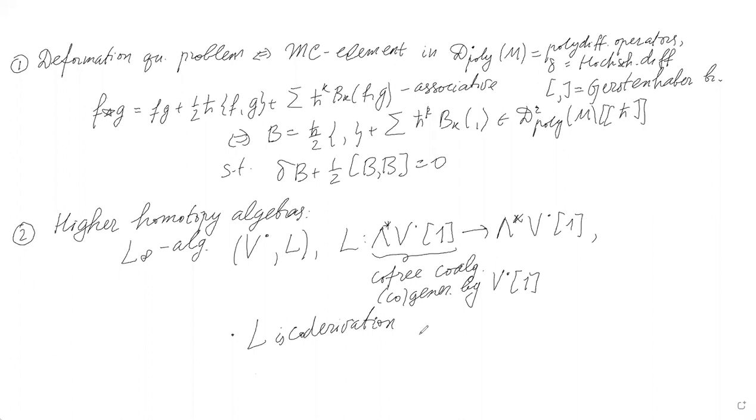So does everybody understand what it means to be a co-derivation? Once again, if you look at the definition of derivations of an algebra, it is a linear map which verifies the only algebraic property: it verifies the Leibniz rule.